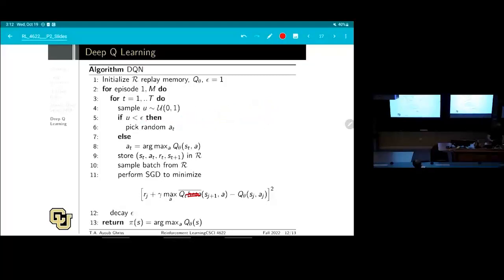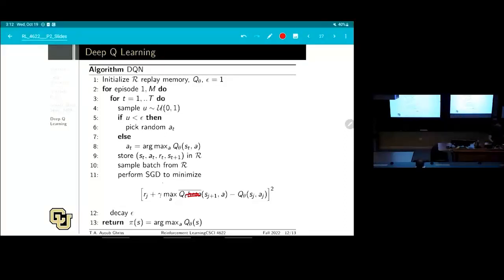Okay, so we explored the environment using this policy. We call it epsilon greedy, which is like greedy with probability epsilon, basically. We store the samples that we get, and after a while, we take a batch from that replay memory, and we minimize this loss. Why do we minimize this loss?